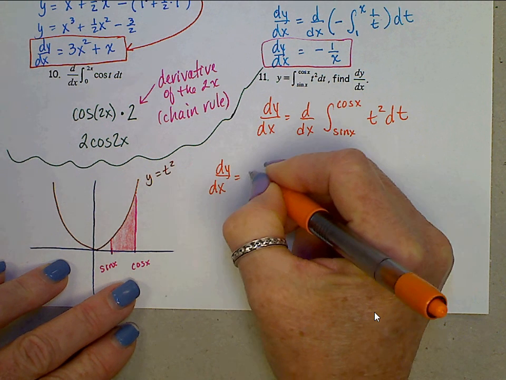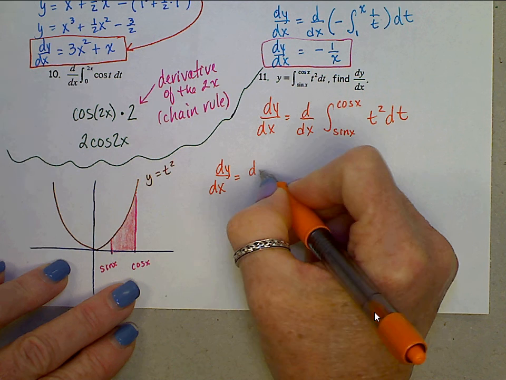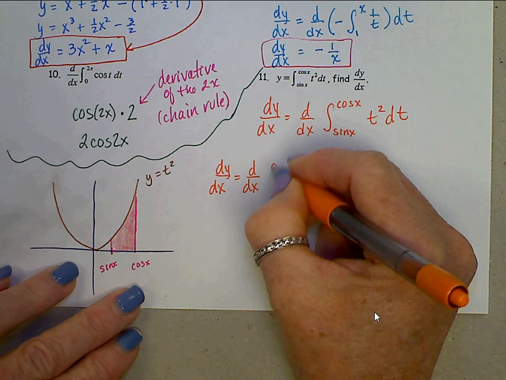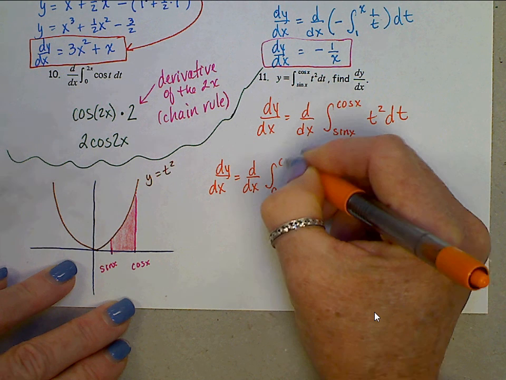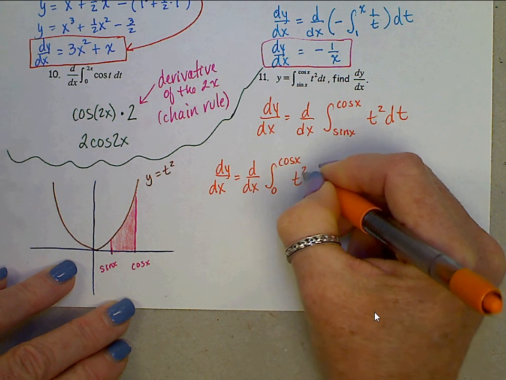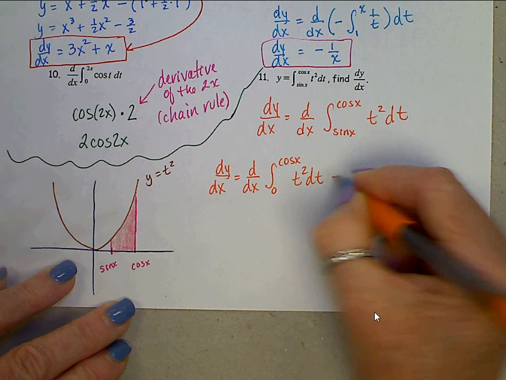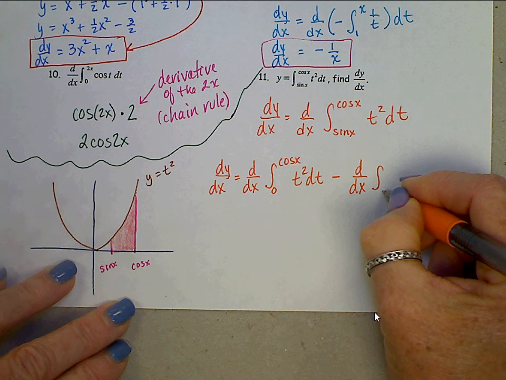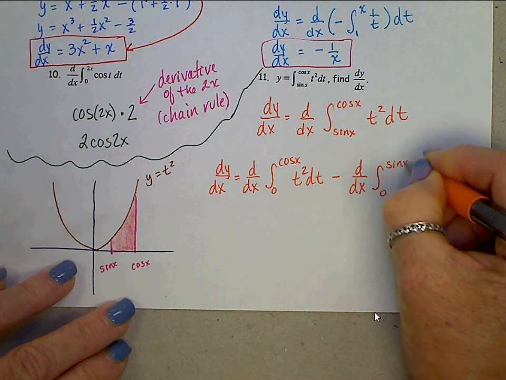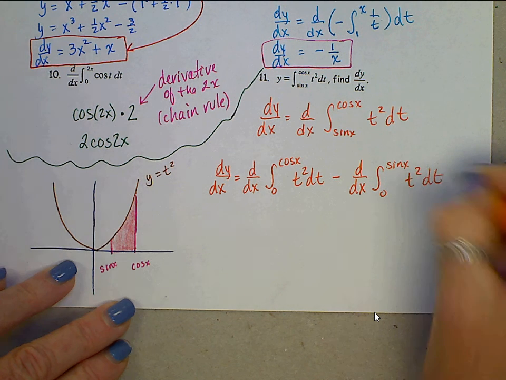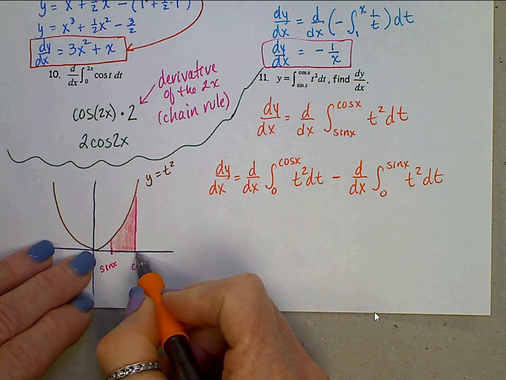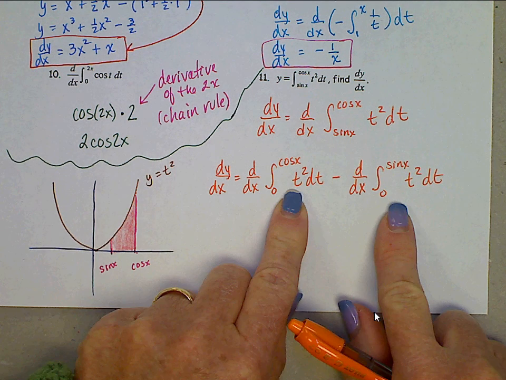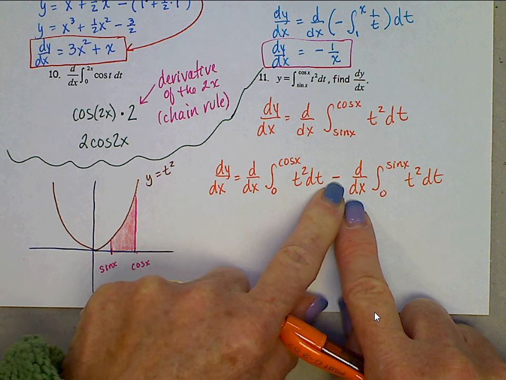So let's do the derivative of the integral from 0 to cosine x of t squared dt minus the integral from 0 to sine x of t squared dt. Again, area from 0 to cosine minus area from 0 to sine. And you can separate the derivatives over an addition and subtraction sign.